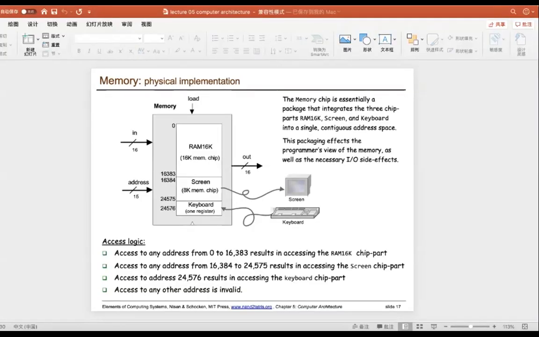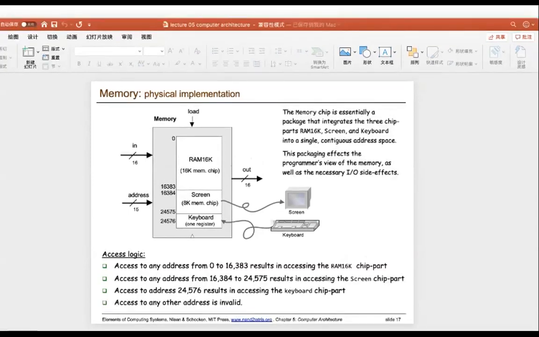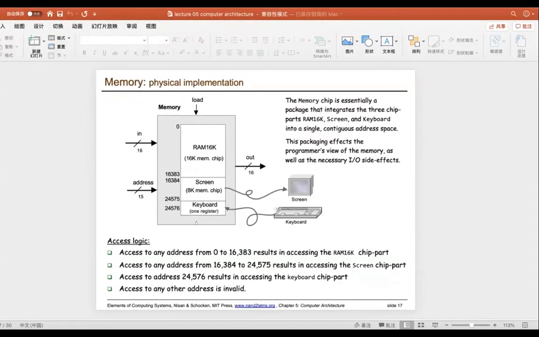Okay, so this is the slide showing the answer. This is the range for the data memory. It's from 0 to 16,383. This is for data, so this is the data memory chip.